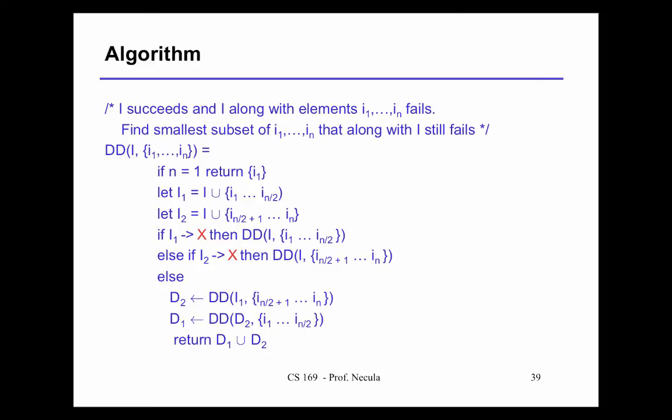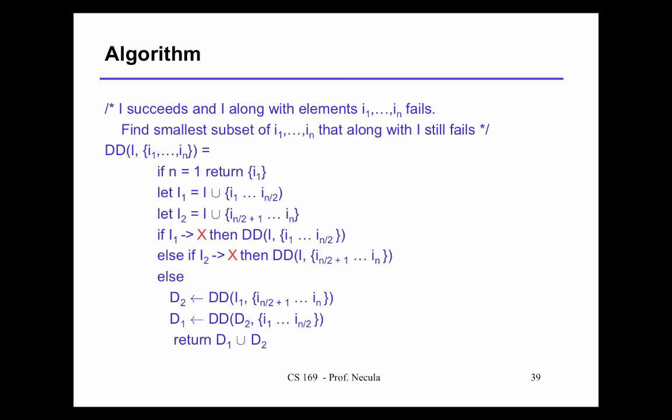Because what I know is that this succeeds, I just verified it here. I know that this plus this fails, and I need to recurse into this. So now this is going to become the second argument, because I need to recurse in there. But I need to give the first argument something that along with this fails.